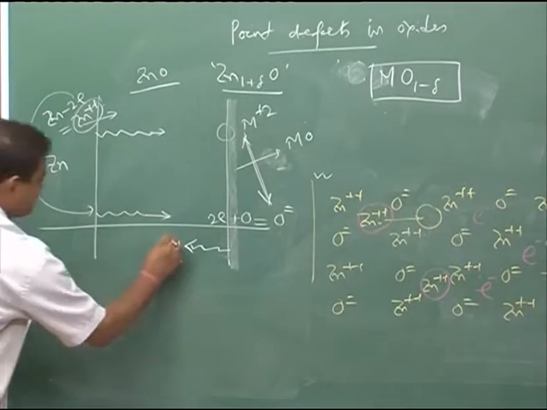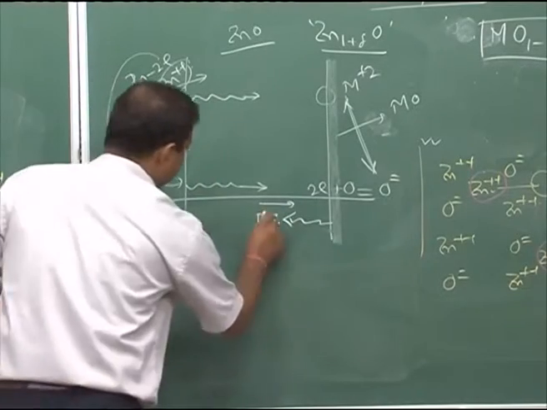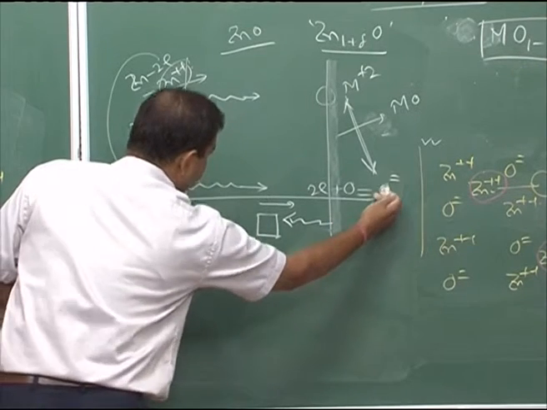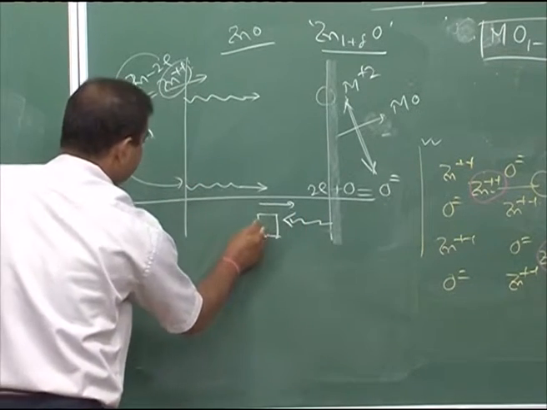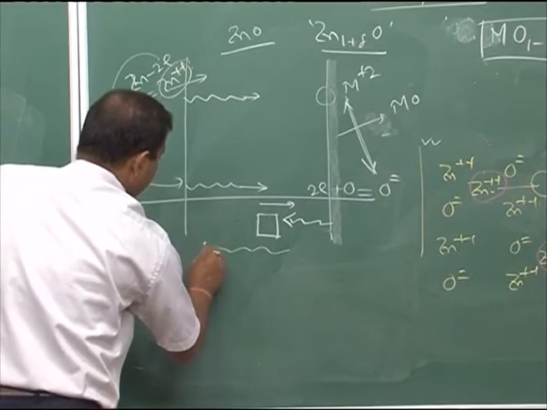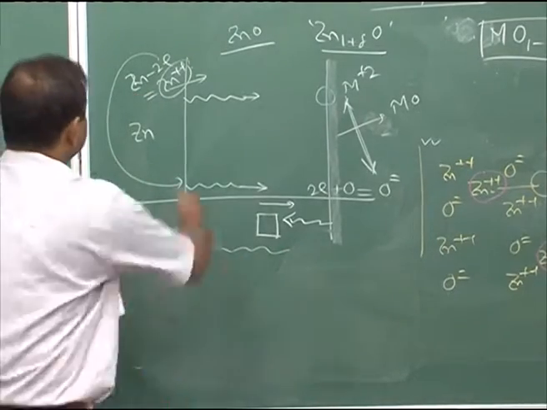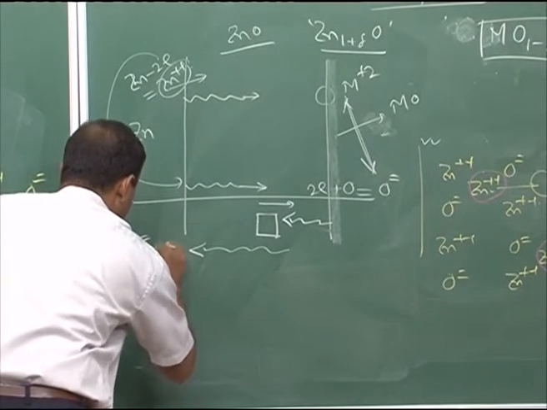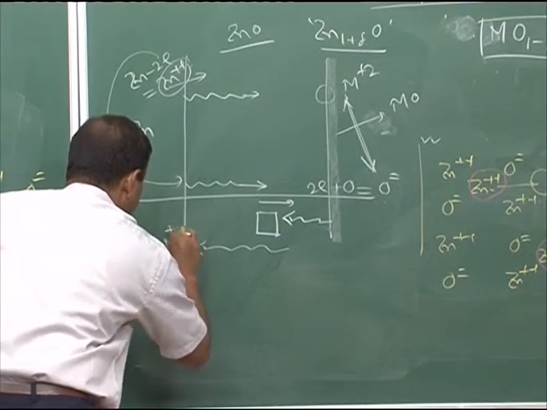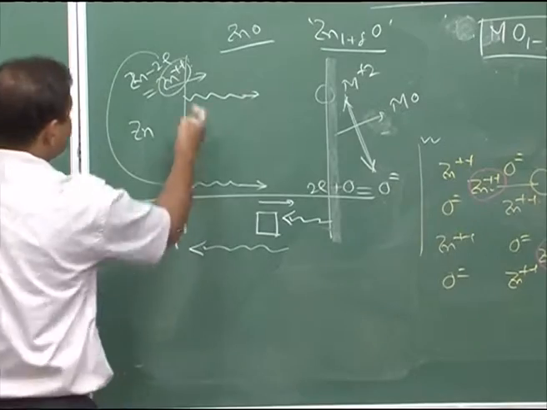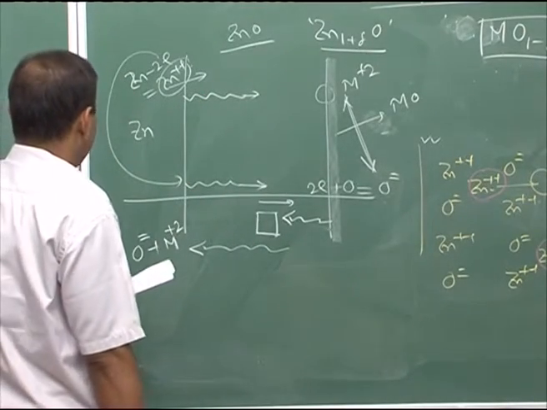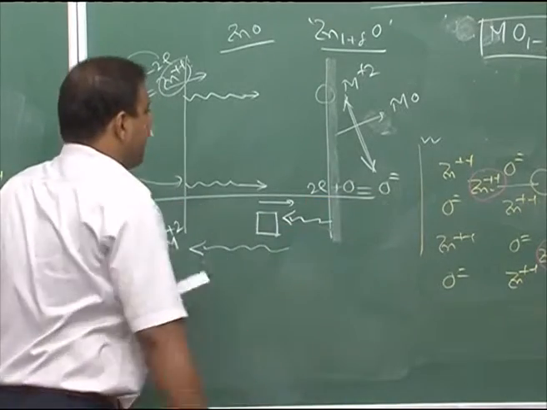The oxygen vacancy will go this way, and in that way the oxygen anion will come this way. So, the oxygen anion will come to this surface, but the rest of the thing would be the same, and here the oxygen anion will react with the 2 plus cation, because there is no cation interstitial, only the anion vacancy.